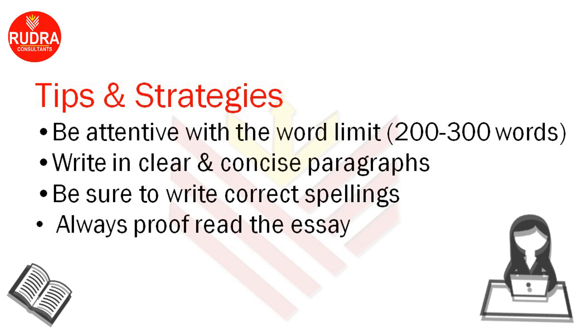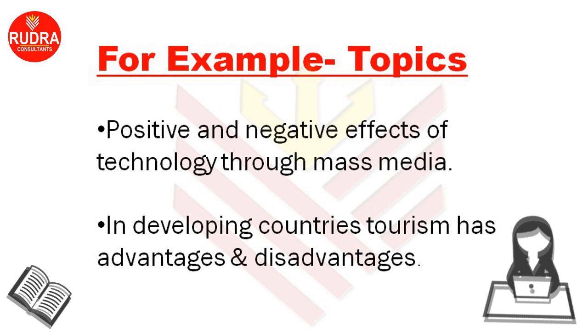Okay, we have some topics of write essay. For example, positive and negative effects of technology through mass media. Second is in developing countries tourism has advantages and disadvantages. Now we are discussing essay prompts.